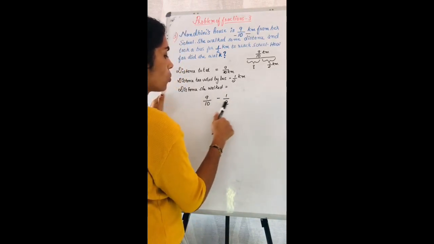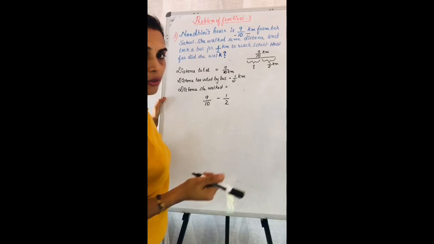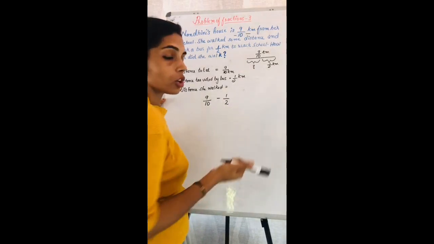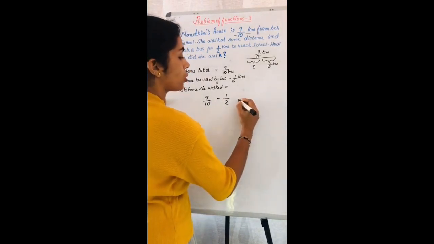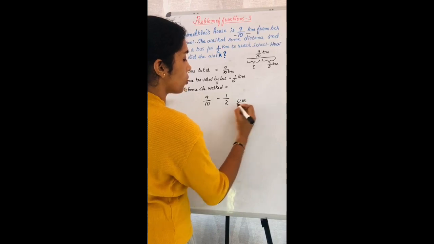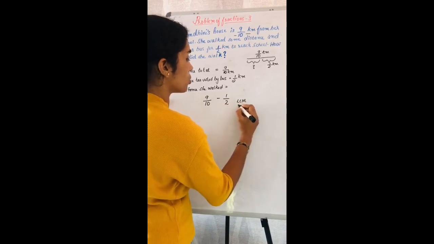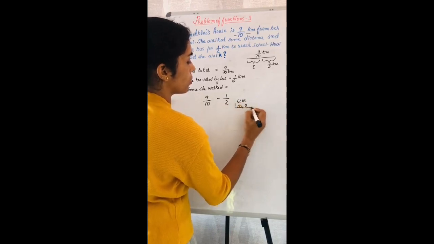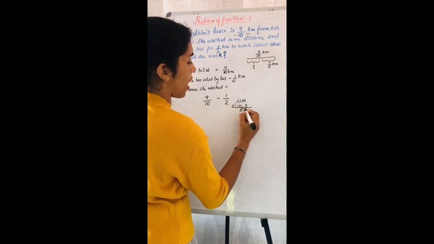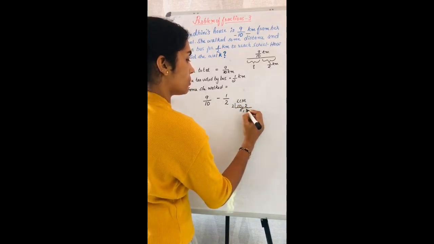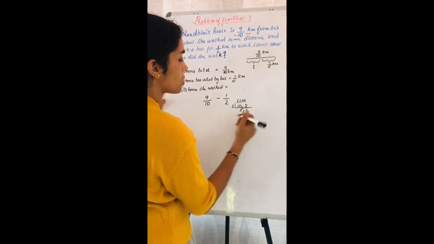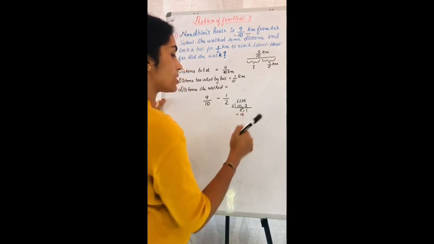Your denominators are different. If you get different denominators, what do you have to do? You have to find the LCM, right? What is the LCM of 10 and 2? 5 2s are 10. You get the LCM as 10.